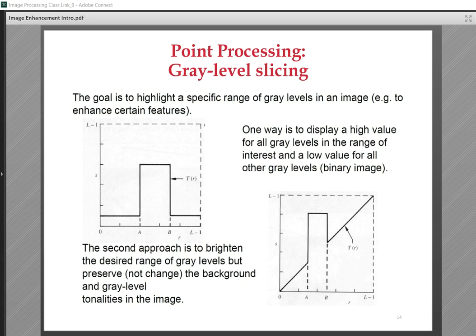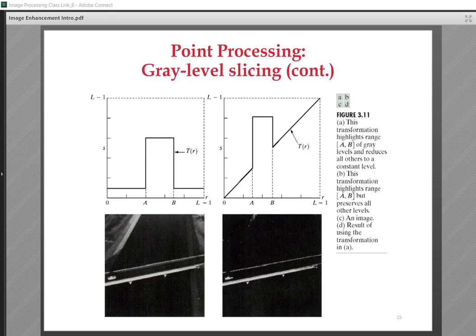The second approach is to brighten the desired range between A and B, but preserve, or not change, the background and gray level tonalities in the image.